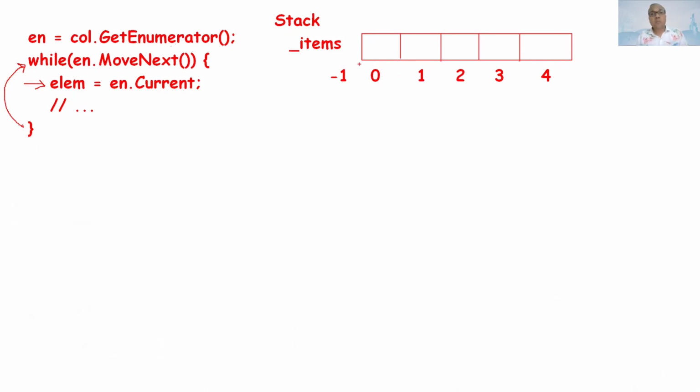By the way, for my stack, logically, my last element should be the topmost element, where the last element is inserted. Let us consider that currently my stack has got A, B, C, and D only. So my enumerator should be able to access only these 4 elements.